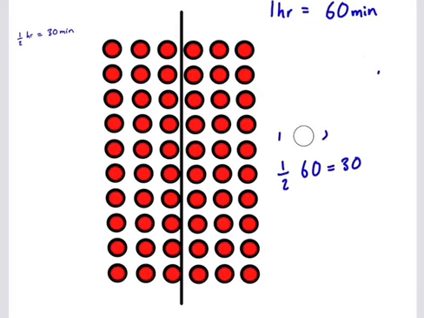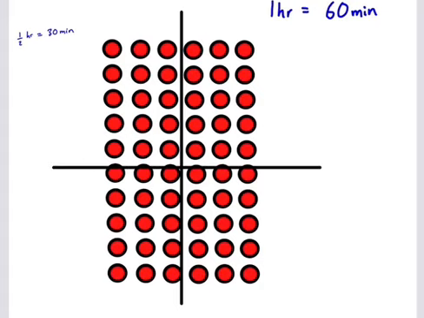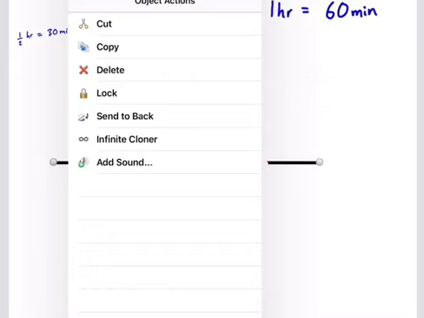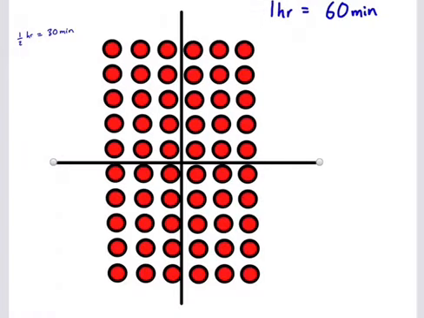But that's not the only fraction we can do. 60 is a really nice number. 60 can be cut into quarters, like that. Now I've got a quarter of an hour. It's 3 by 5. 3 times 5 is 15.